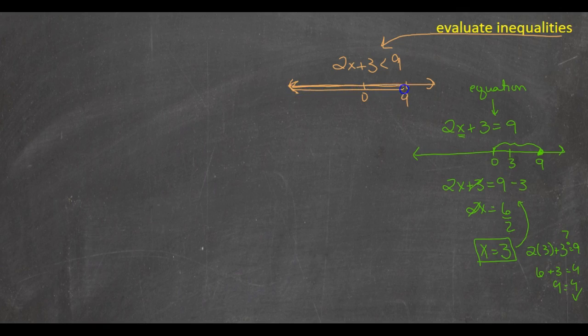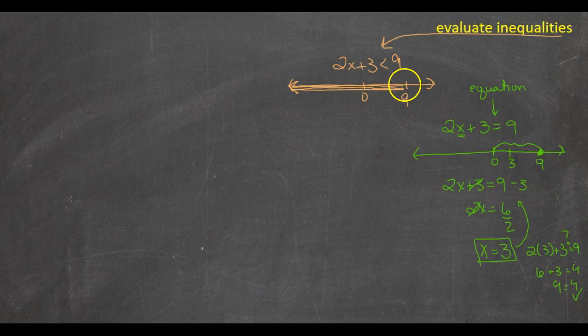So all of these can be right values for the left-hand side, because 0 is clearly less than 9, 8 is less than 9, 1 is less than 9, negative 10 is less than 9, all these values on the number line are less than 9.